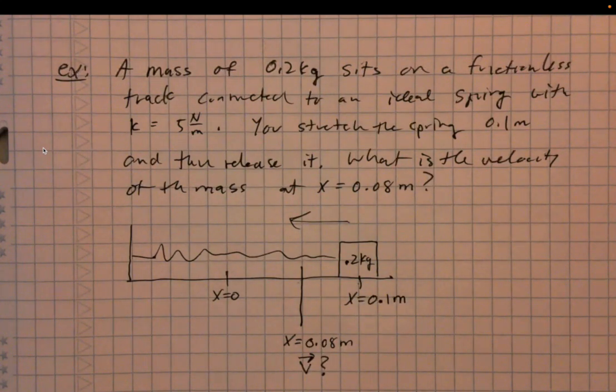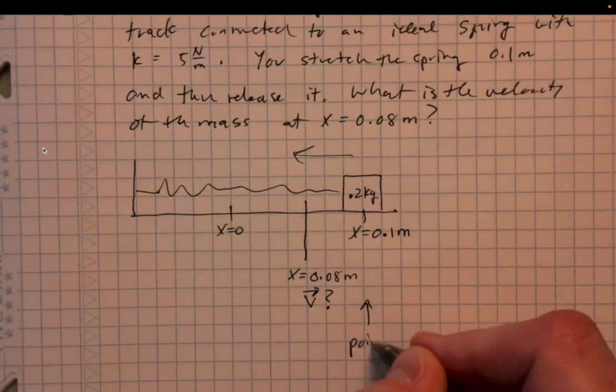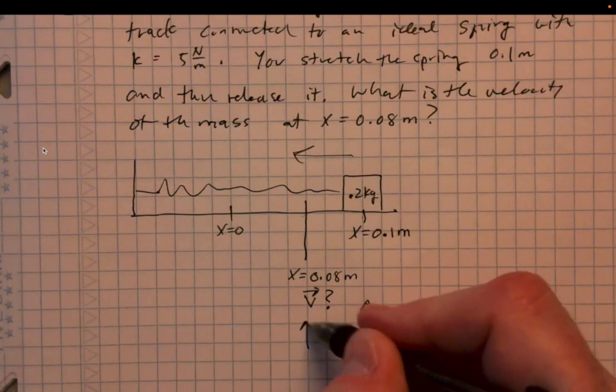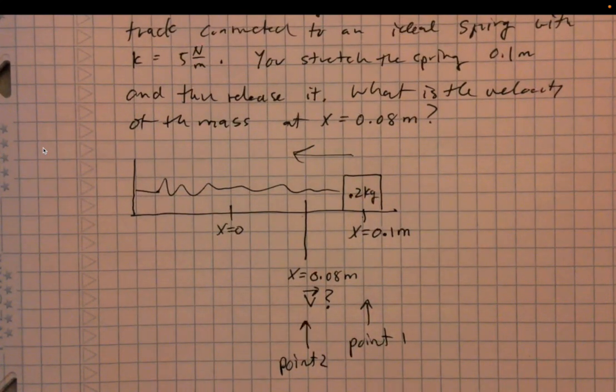Okay, so just like when we were talking about gravitational potential energy, to solve these kinds of energy problems, you want to think about positions of the block. So we'll call this point 1, and then point 2 is just going to be this thing. We're just interested in the energy content.